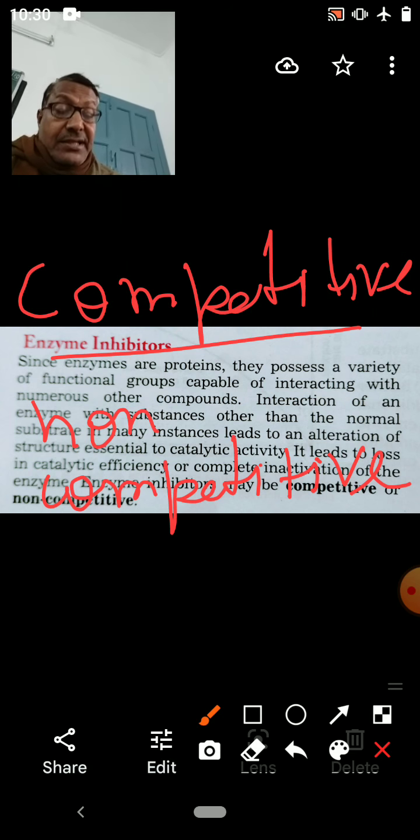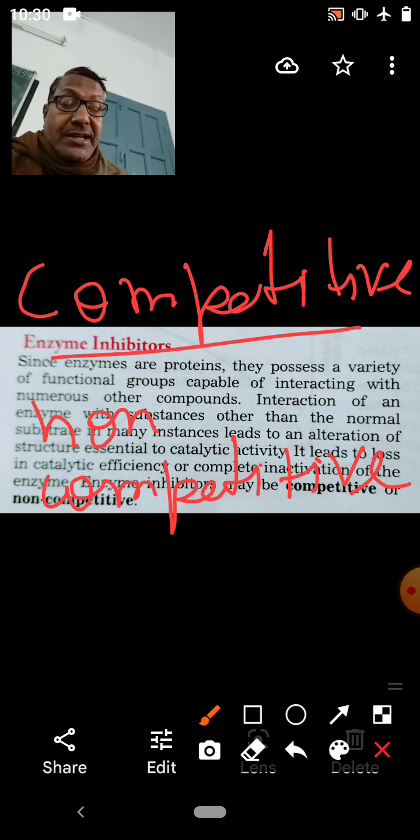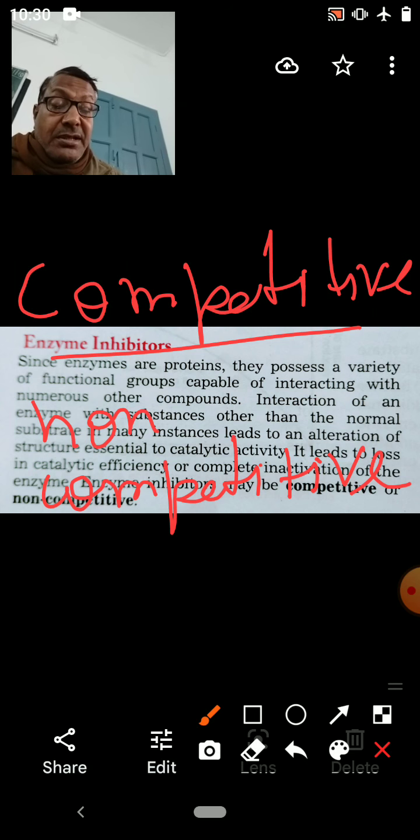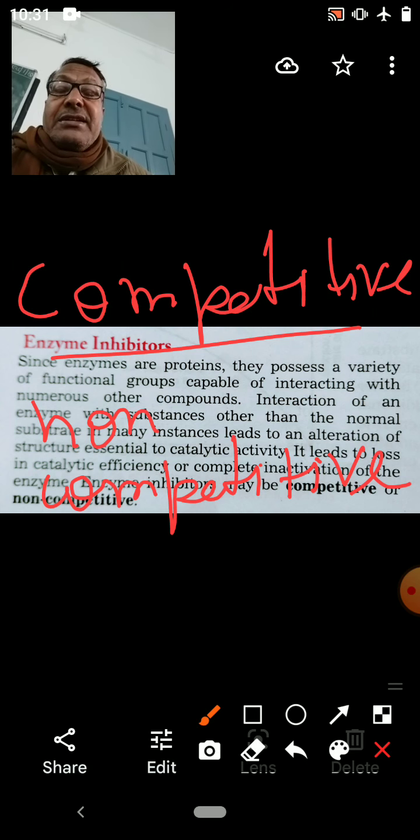So there is cyanide. Cyanide has no structural similarity with the substrate binding site of the enzyme, but by inhibiting cytochrome oxidase, which is essential for cellular respiration, it stops the catalytic reaction.